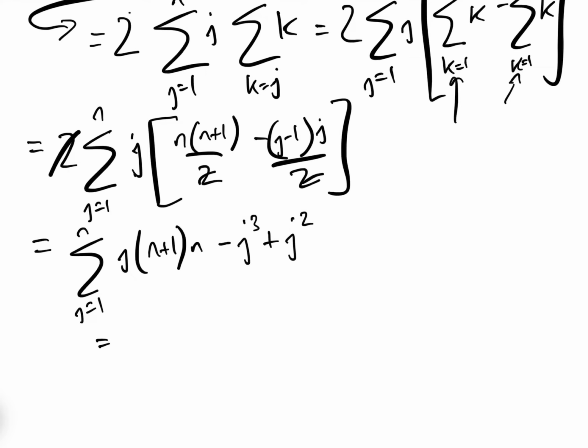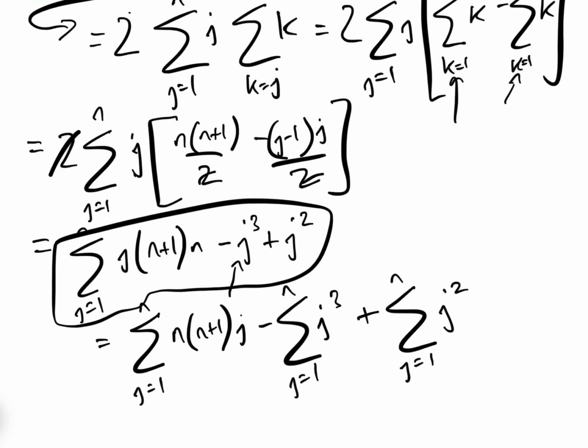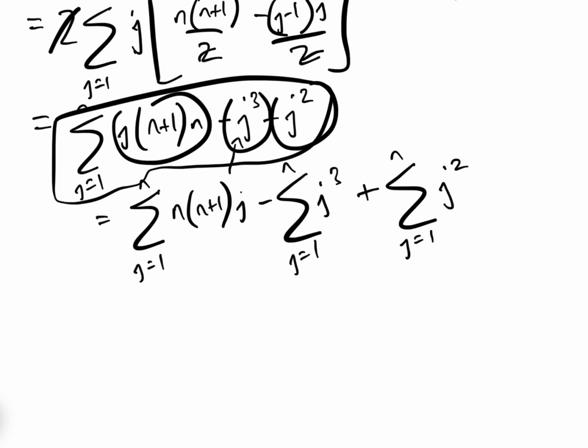Okay, which equals the sum between j equals 1 and n of n plus 1 times j minus the sum from j equals 1 to n of j cubed, which is that one, add the sum from j equals 1 to n of j squared. All I've done is I've said that the sum of all of this thing here is equal to the sum of that bit minus the sum of that bit, add the sum of that bit.